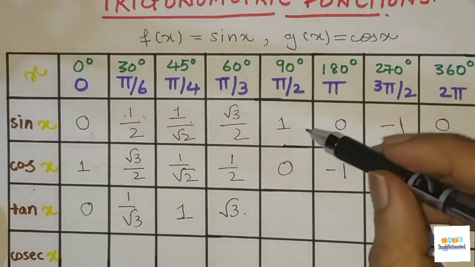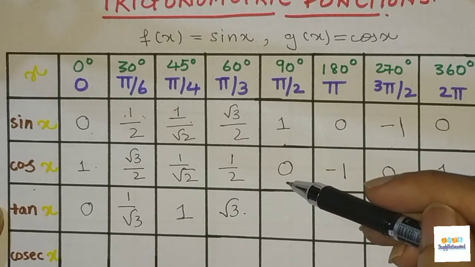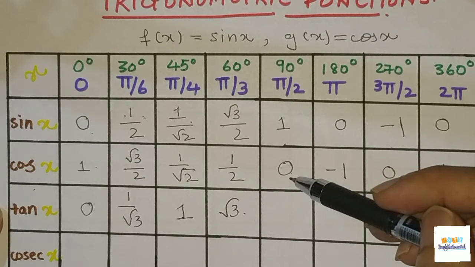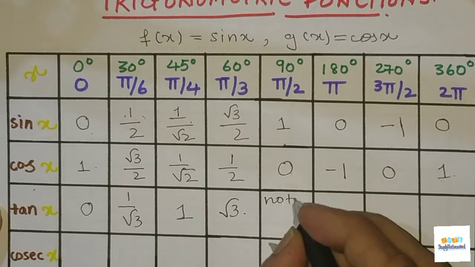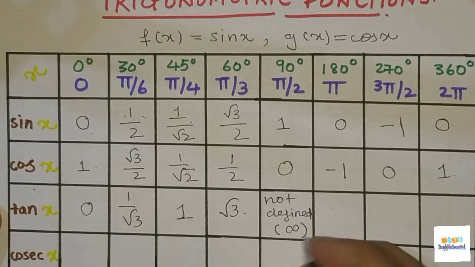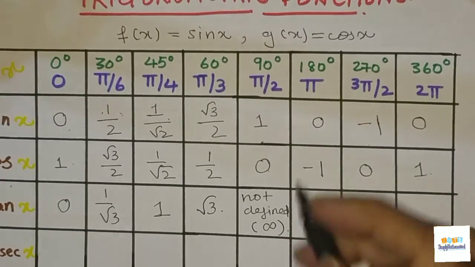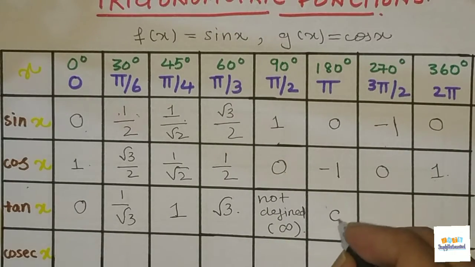Then tan of 90 will be 1 divided by 0. Anything divided by 0 is not defined, so we write it as not defined or infinity. Then tan of 180 is 0 divided by minus 1, which is 0.